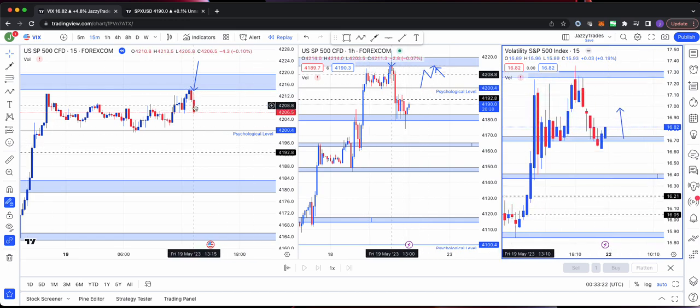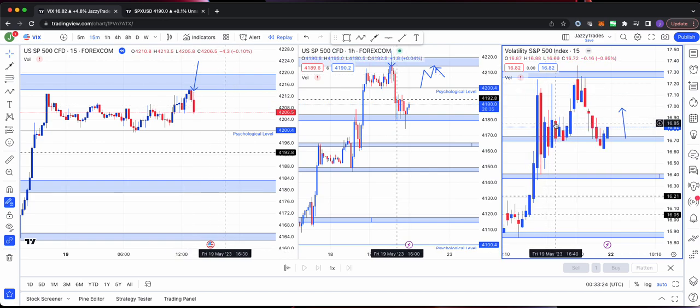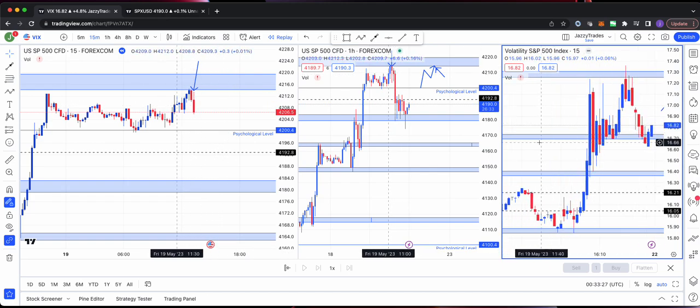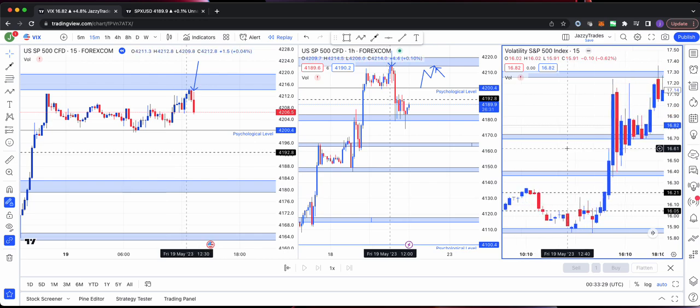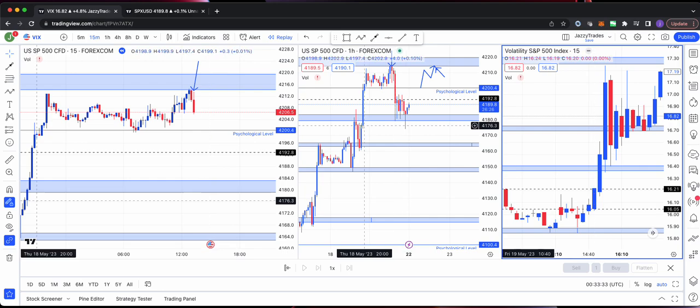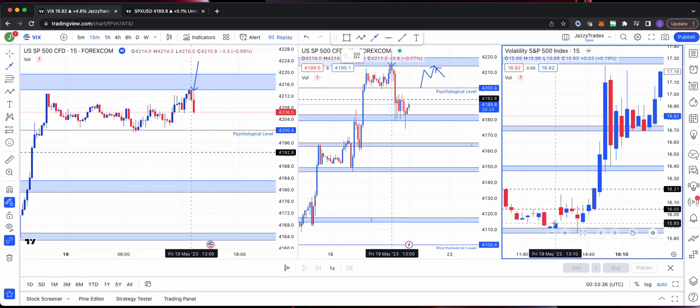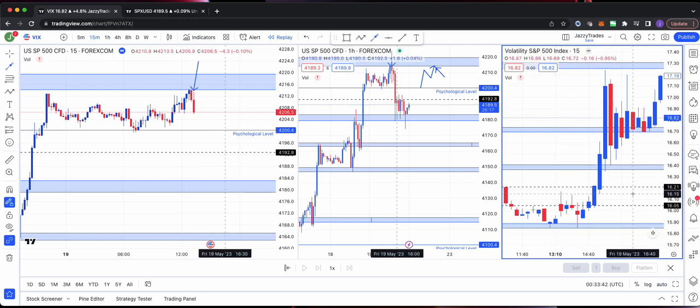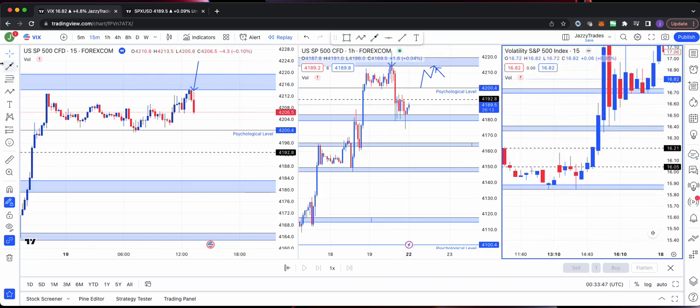What's the time here? Let's get the VIX up as well. 1:15 p.m. on Friday. So this is your candle on VIX, and you're somewhere in this candle.